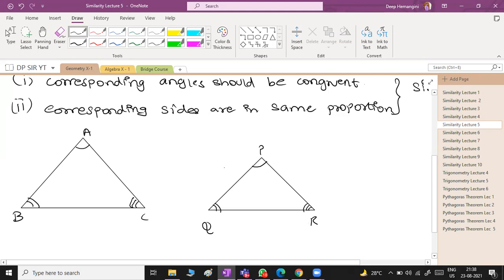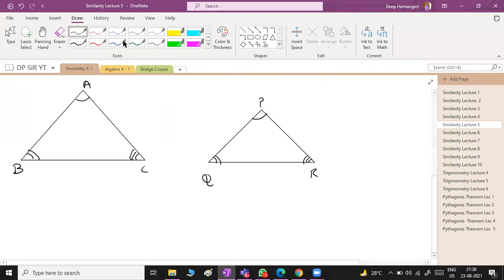Okay, and if I write it in slightly better language, let us understand what this thing is which we have done. So in triangle ABC, angle A is congruent to angle P. ये देखो A, P को congruent है. ठीक है, थोड़ा pattern बना दिया है.